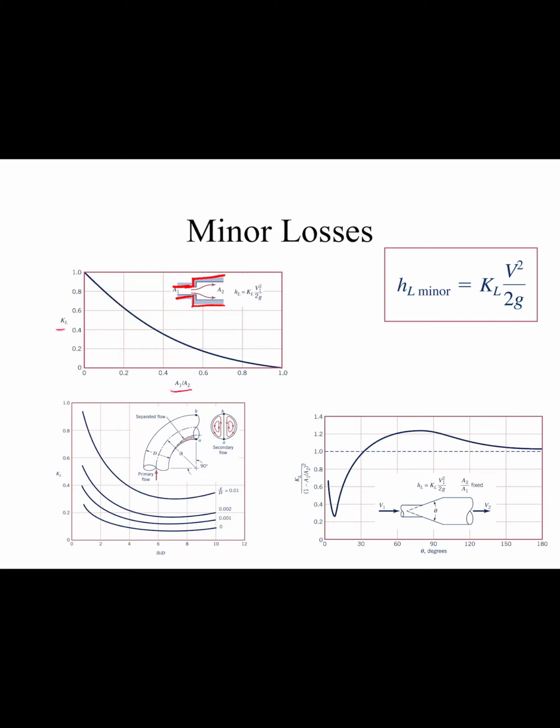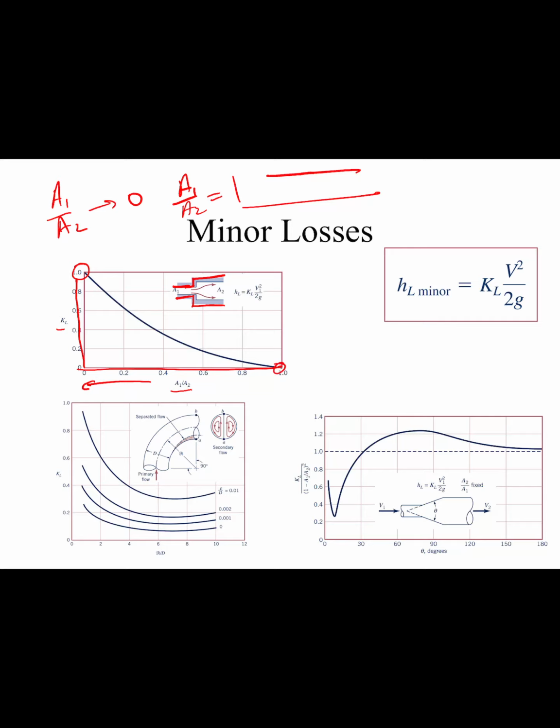When A1 over A2 is very small, meaning A1 is much smaller than A2, we move to the left-hand side of the plot and our loss coefficient is big. As A1 over A2 becomes equal to about 1, you don't actually have an expansion, and so that loss goes to 0. We're only left with losses that are major losses.